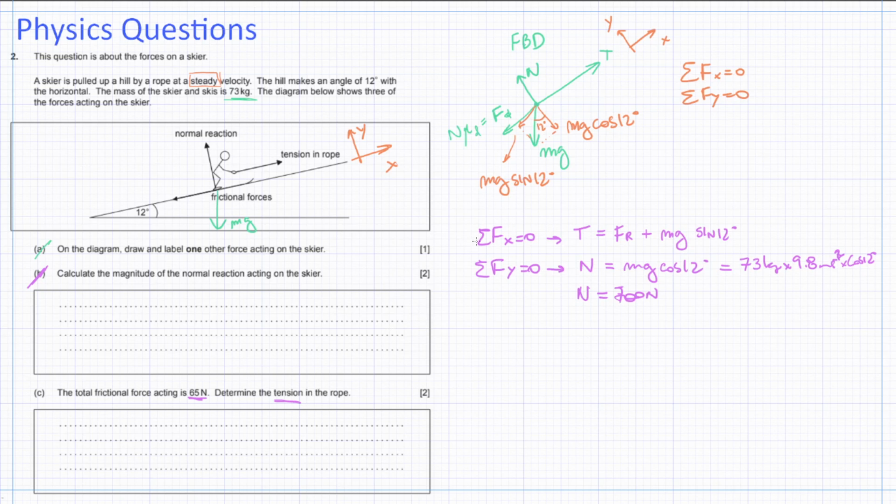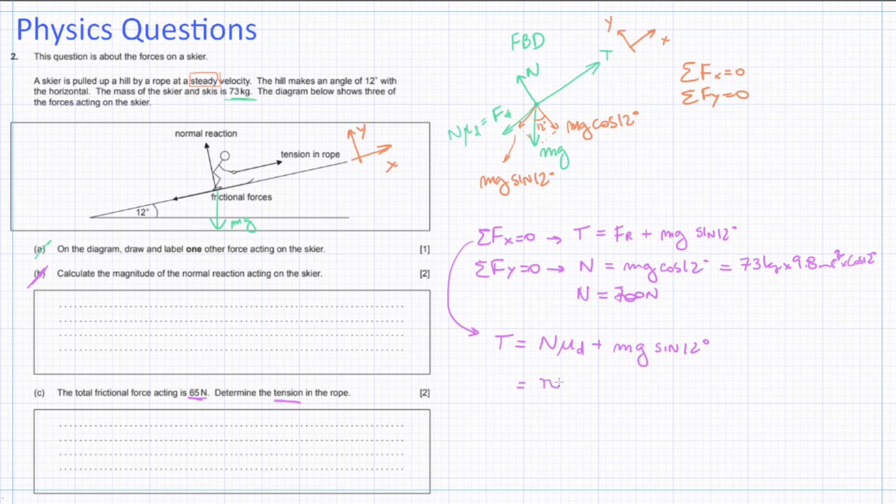So now we have to use the other equation, the sum of forces on x. So we know that our tension will be our dynamic friction, which is the normal force multiplied by the dynamic friction coefficient, plus mass times gravity times sine of 12 degrees.